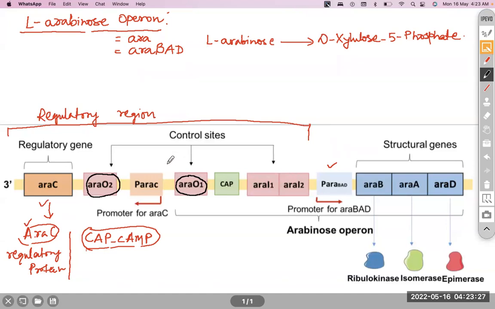And there are two initiator regions, ARA-I1 and ARA-I2. सबका क्या फंक्शन है, क्या रोल है, वो हम अभी थोड़ी देर बाद देखेंगे इन द रेगुलेशन. ओके.